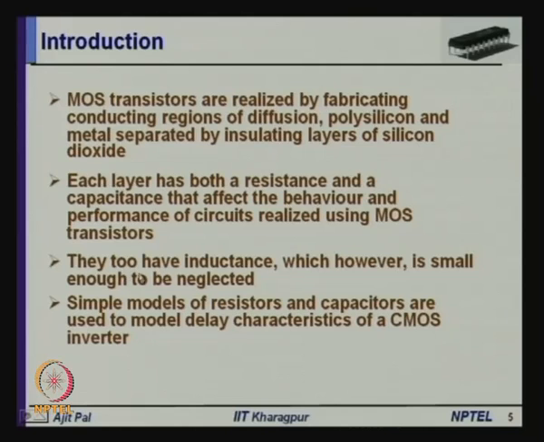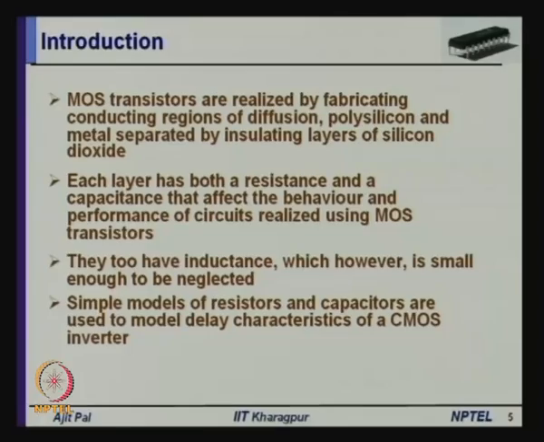So, those will be affected because of the resistance and capacitances. Of course, they too have inductance which however is small enough to be neglected. That means, the inductance value is too small, and obviously they contribute very little in the operation of the switching characteristics. I mean, they will not affect much the switching characteristics of the devices, and that is the reason why we shall ignore the inductive part of the different components that we shall be using.